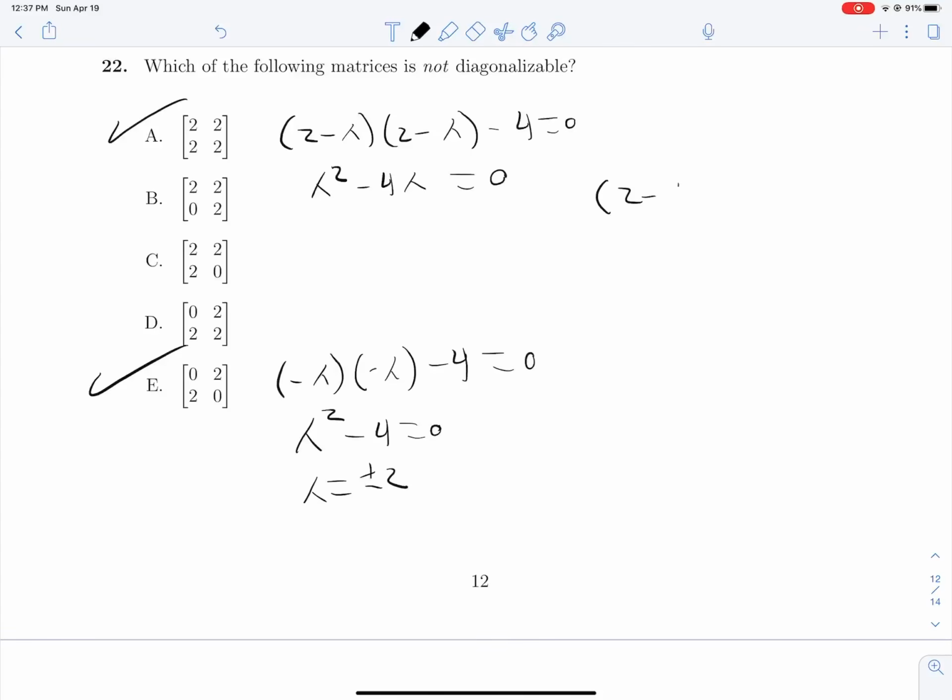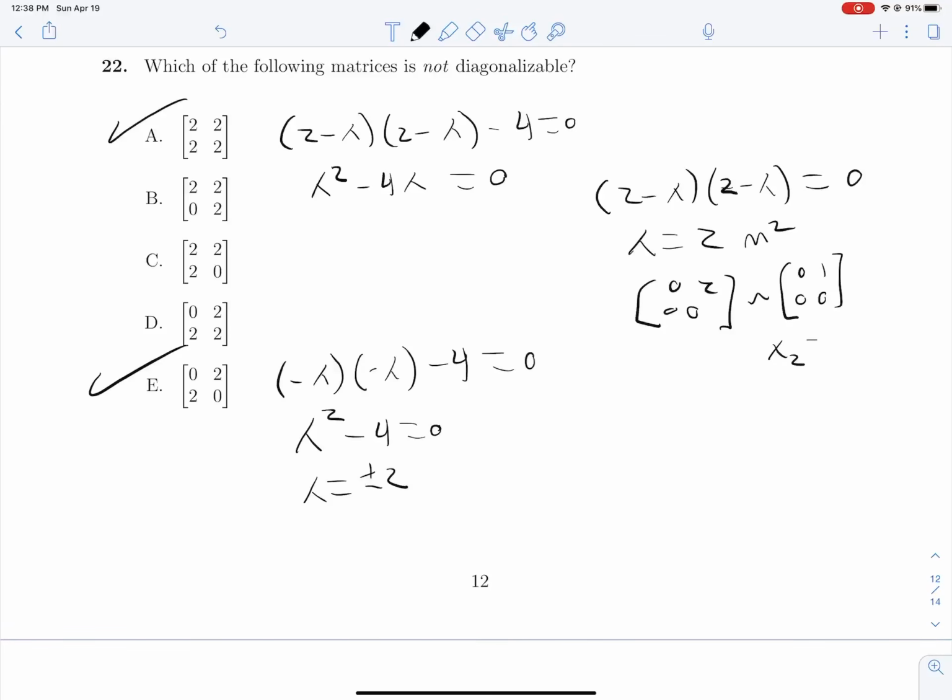If we take (2 minus lambda) multiplied by (2 minus lambda) minus 0 is equal to 0, this only has solutions for lambda is equal to 2 with a multiplicity of 2. And if we plug in that lambda, we will get 0, 0, 0, 2, which simplifies down to 0, 0, 0, 1. And since this is saying as an equation that x2 is equal to 0, the eigenvector that we get out of this is (1, 0).